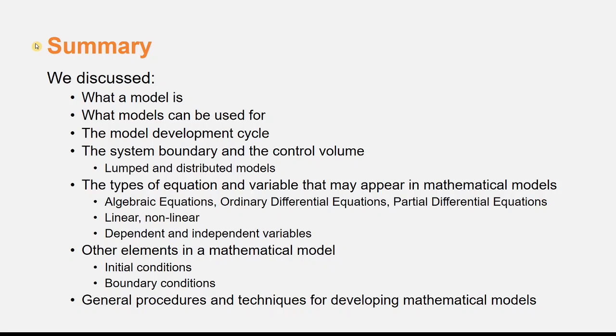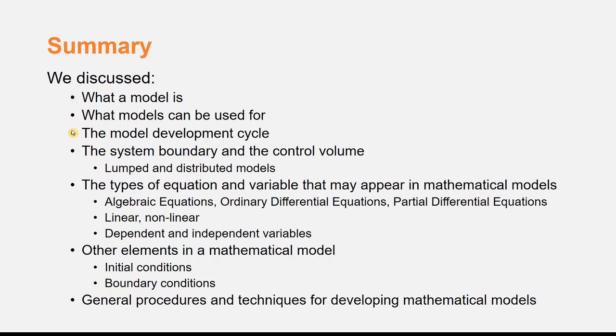I hope this lecture has given you a good overview of how we can build mathematical models of chemical and other processes using a systematic approach. To summarize what we covered, we talked about what a model is and what models can be used for.